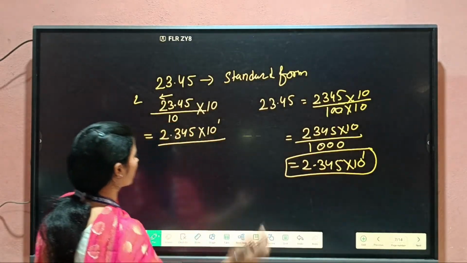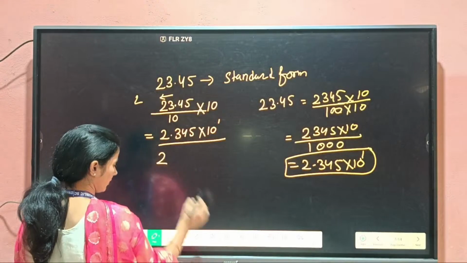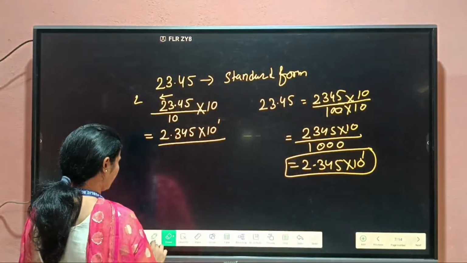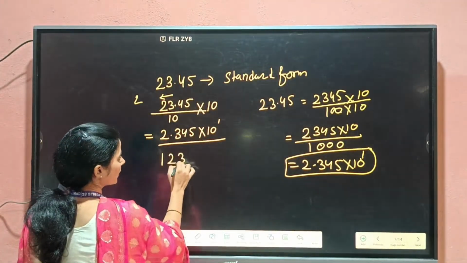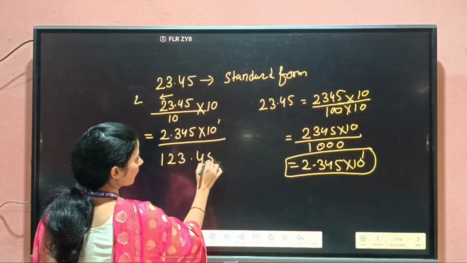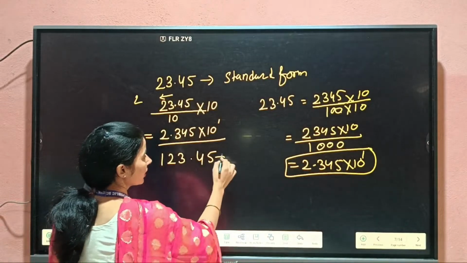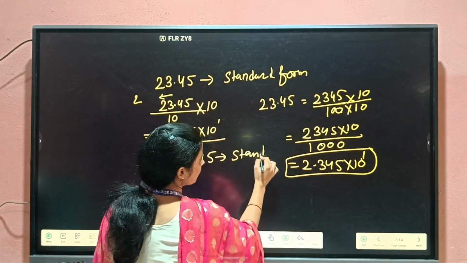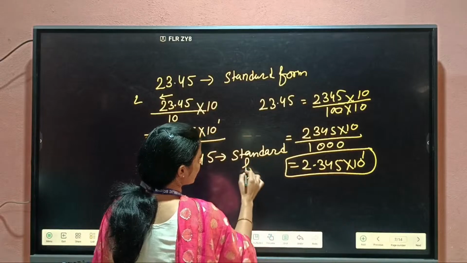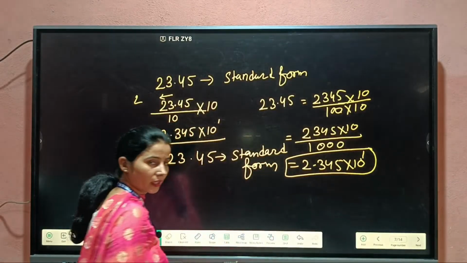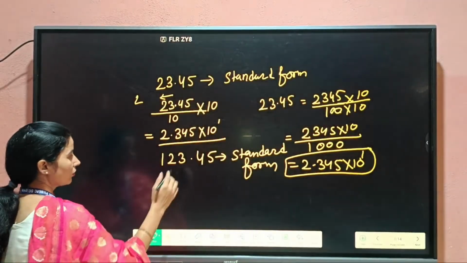Let us do one more example, like 123.45. This decimal number I have to convert into standard form. How can I convert this into standard form?